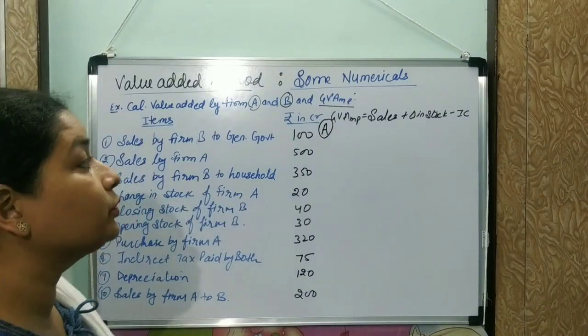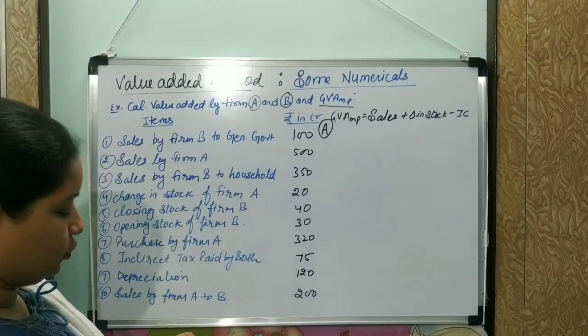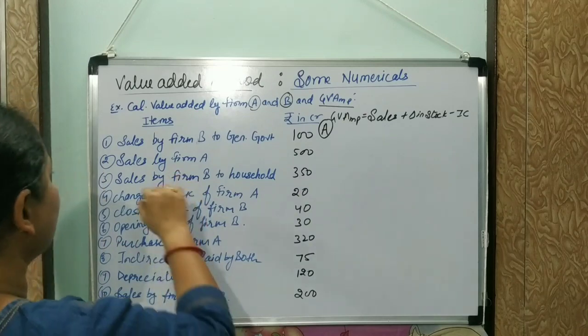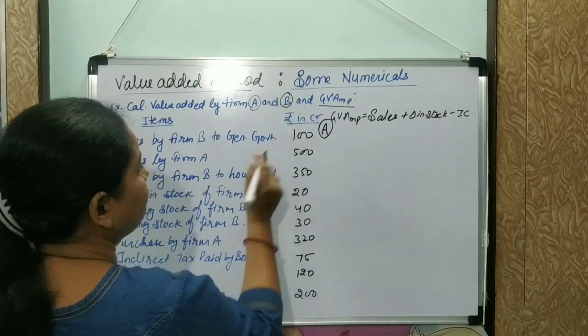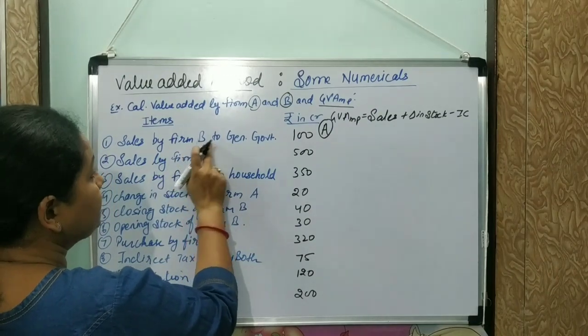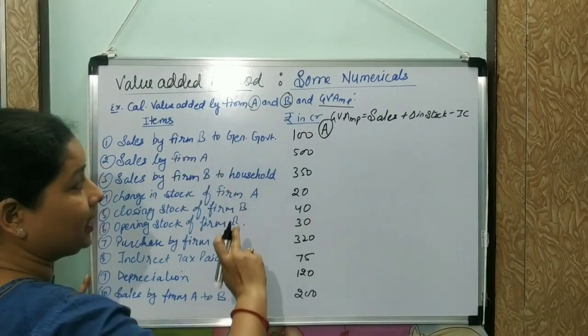Now we have to find out the components available in this question. First read the question. The question is sales by firm B to general government. Here I have written firm B to general government, that is, B sold to the general government.